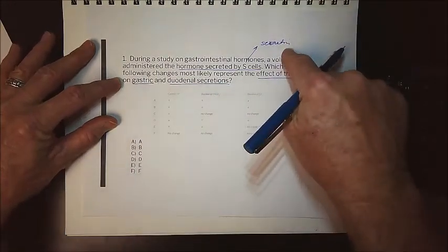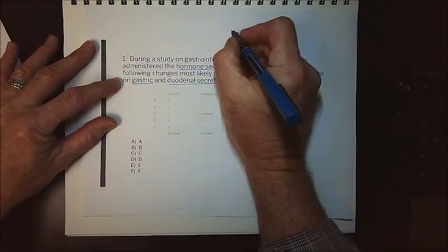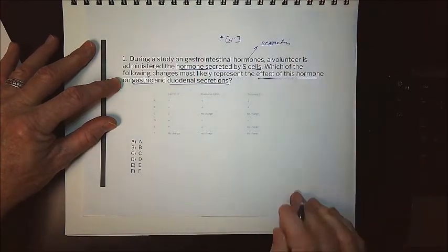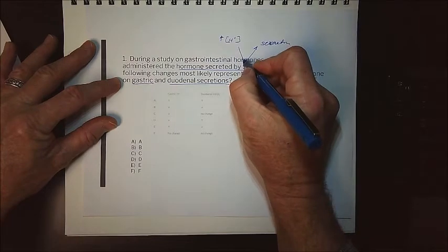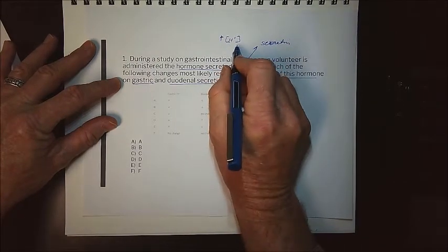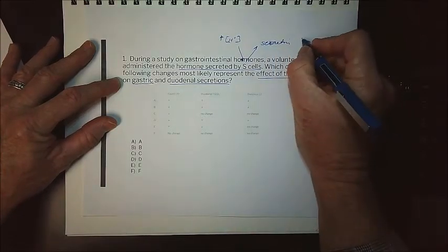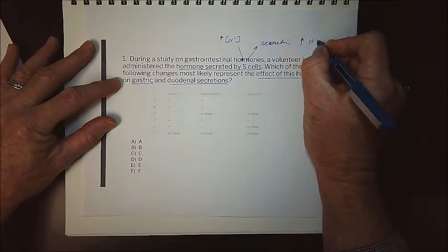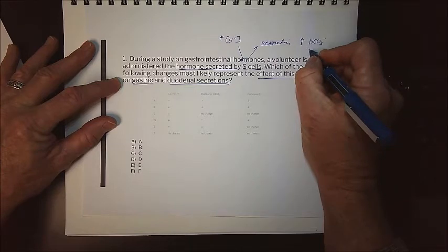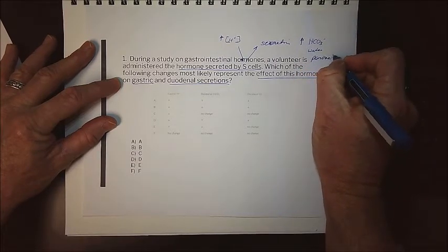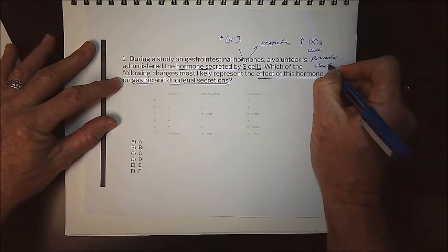Okay, so we know the secretion is recognizing the high concentration of protons. So these are the S cells that recognize this drop in pH and now increase secretin. And the job for this is to increase bicarbonate secretion and water from the pancreatic duct cells. Okay, so we know this already. This is the basic knowledge.